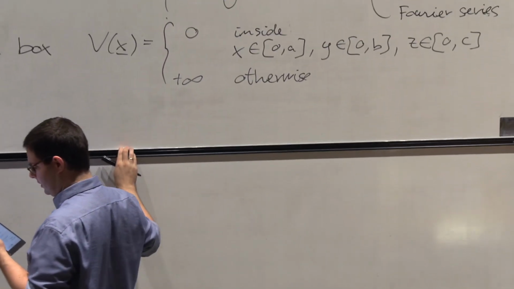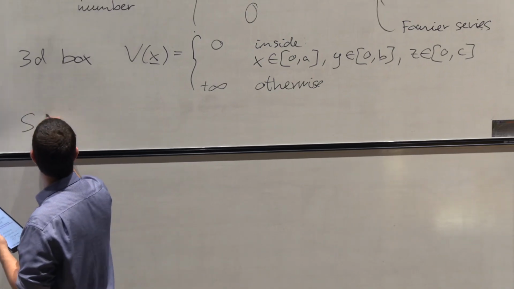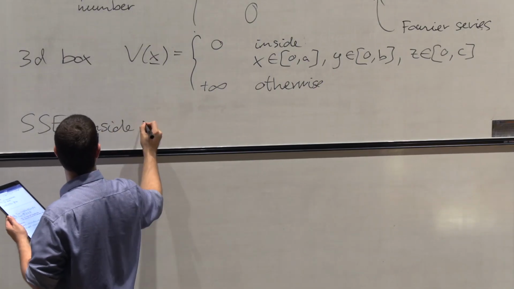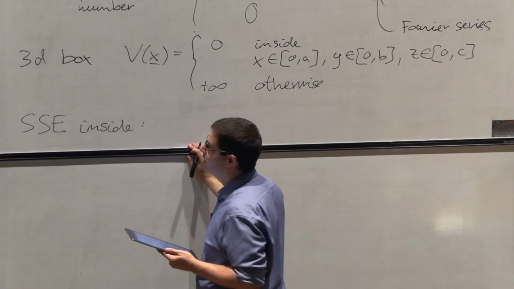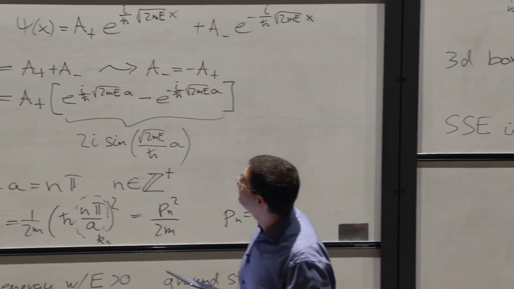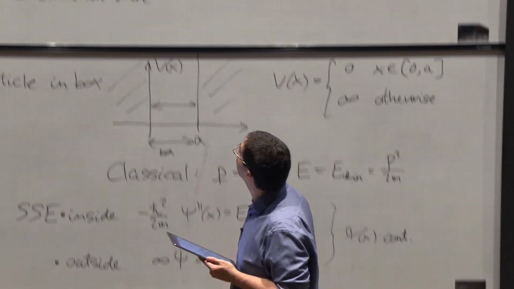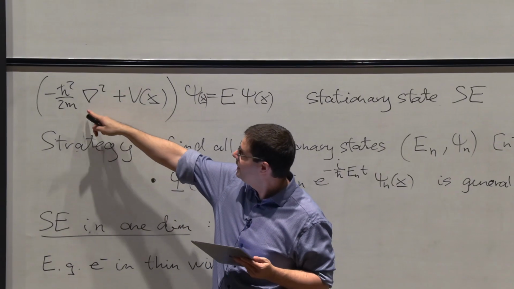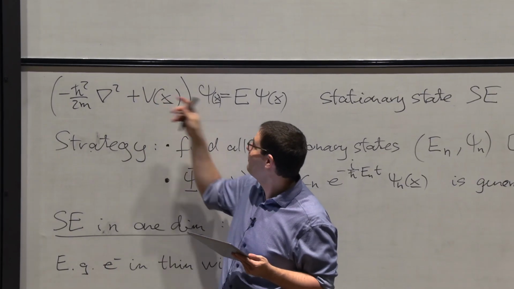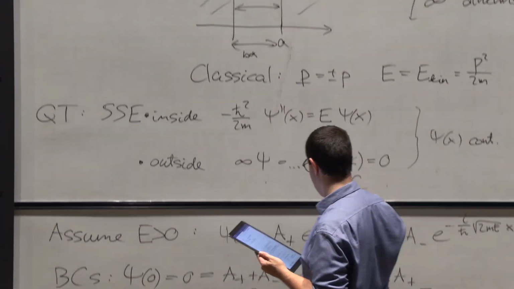So what's the stationary state Schrodinger equation inside? So we just have to solve this problem with V equals 0 inside. So it's just a Laplacian acting on psi equaling E times psi.